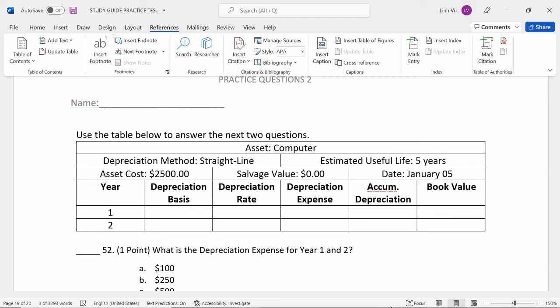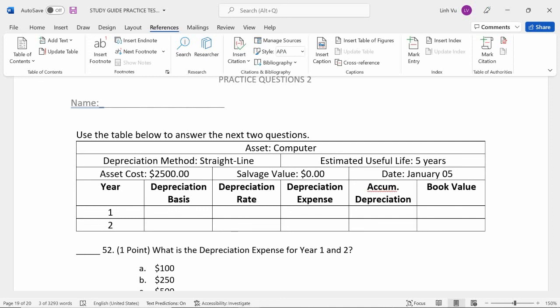The asset cost is $2,500. The salvage value is 0. And the date that you placed into service is January 5th. For year 1 and year 2, you need to solve for both of them, because the question is going to ask you for number 52, what is the depreciation expense for year 1 and year 2?